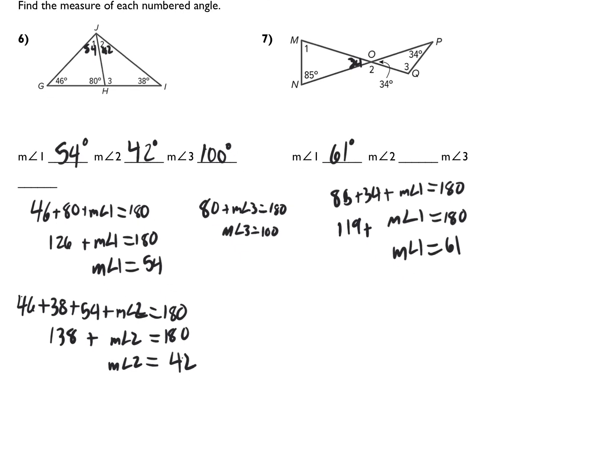Now to figure out the measure of angle 2, that's going to be a linear pair with that 34-degree angle. So 180 minus 34 is going to be 146.